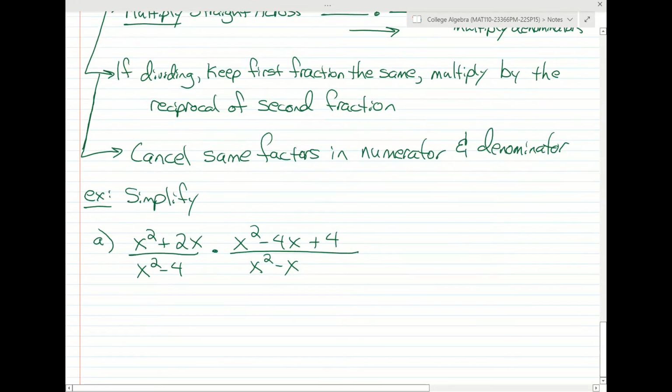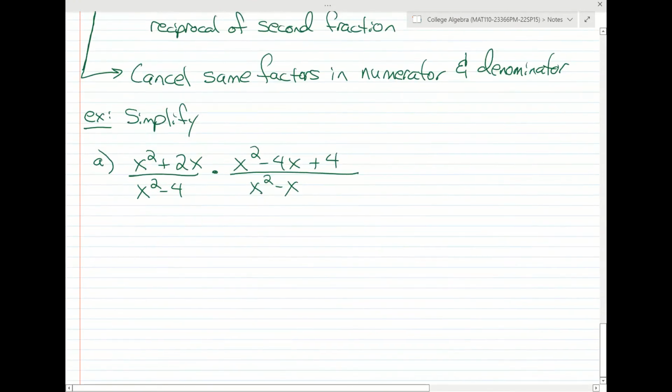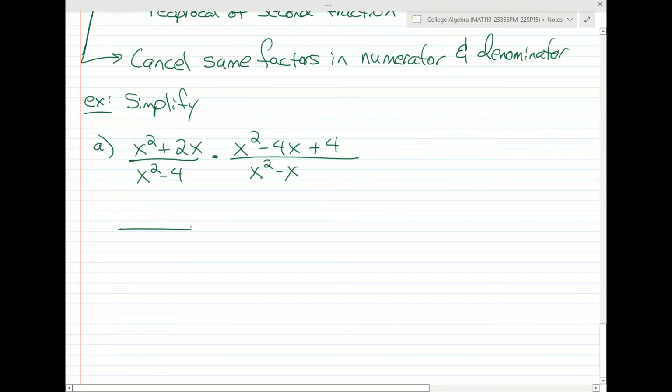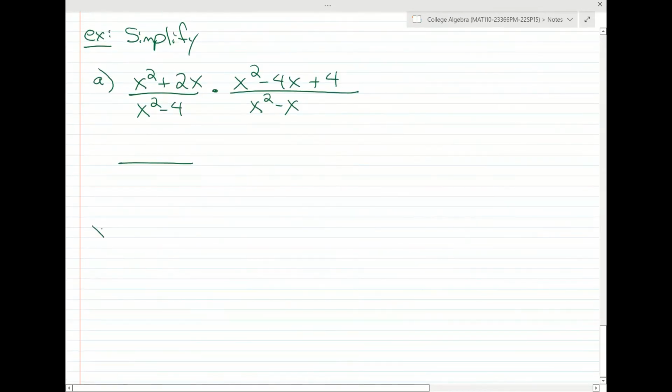What we want to do first is we want to factor completely. So let's go through this. First thing we want to do is factor x squared plus 2x. We know we can take out an x. This just factors to be x times x plus 2. Write that on top.